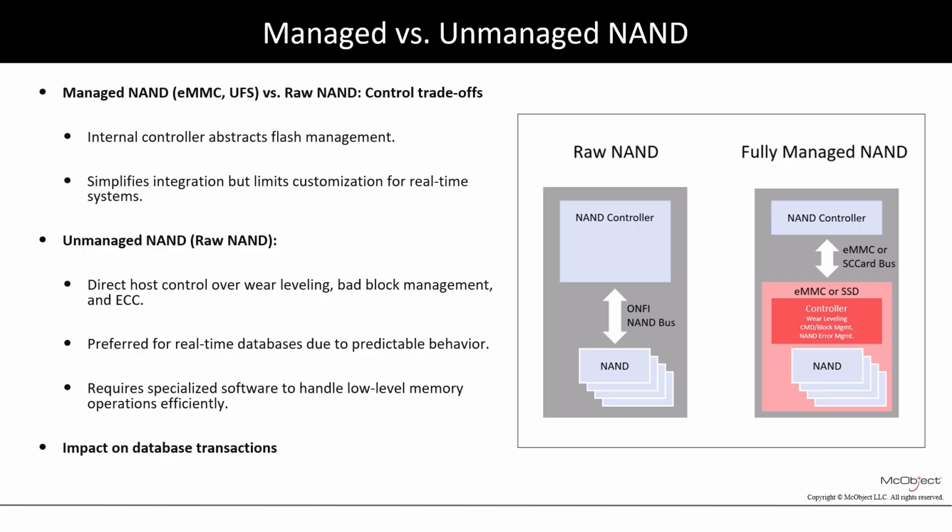Unmanaged NAND, on the other hand, allows direct control over memory management, making it preferable for real-time applications where precise timing is required. However, using raw NAND requires robust software to handle wear leveling, bad block mapping, and error correction efficiently while maintaining predictable response times. For these reasons, a real-time database requires unmanaged NAND.